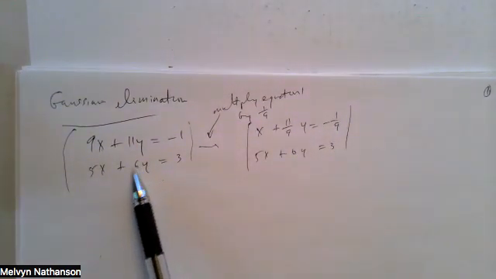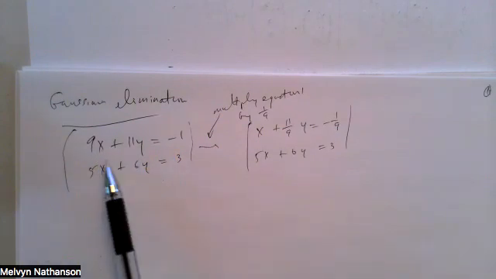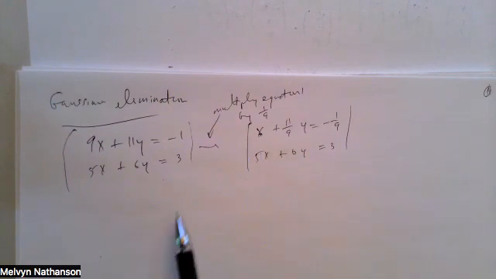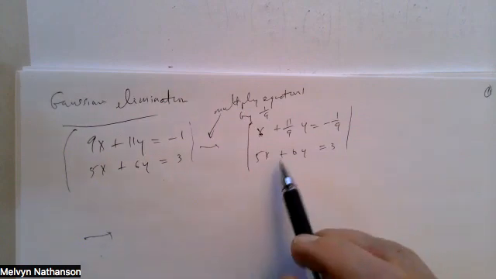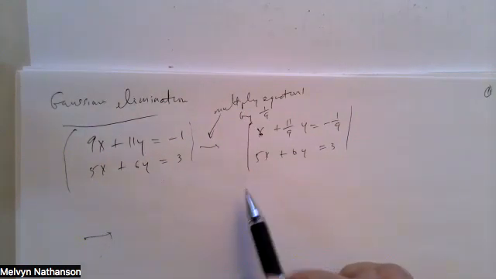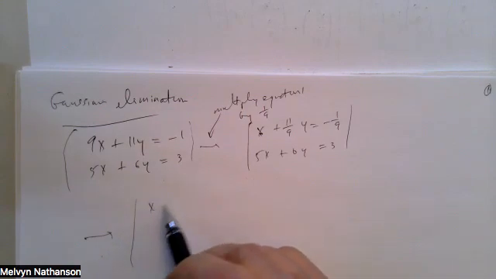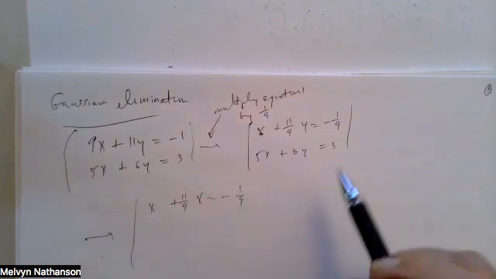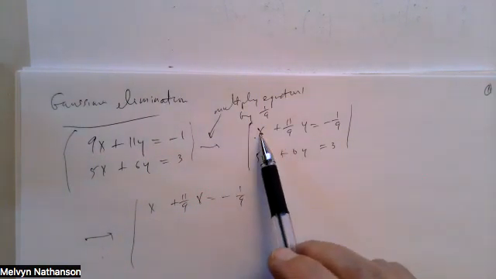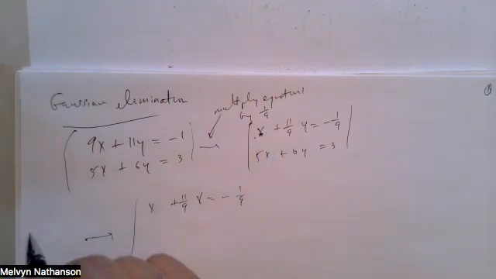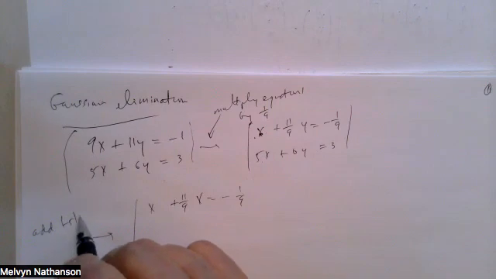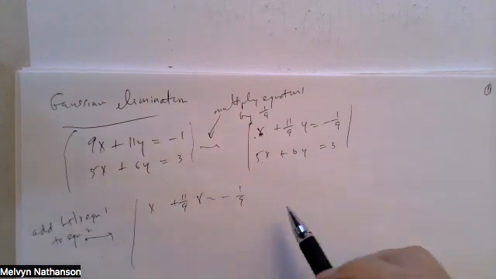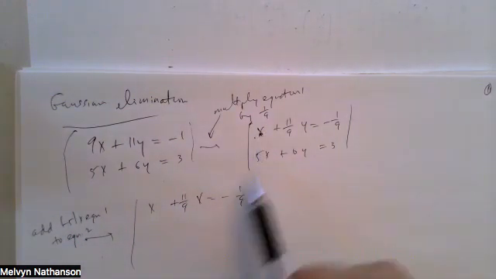So I performed one elementary operation on this system. I multiplied the first equation by a ninth. So now the coefficient of x is 1. Now I'm going to eliminate x from the second equation. So my first equation is x plus 11 over 9y equals minus a ninth. I'm going to add minus 5 times equation 1 to equation 2. So minus 5x plus 5x is 0.